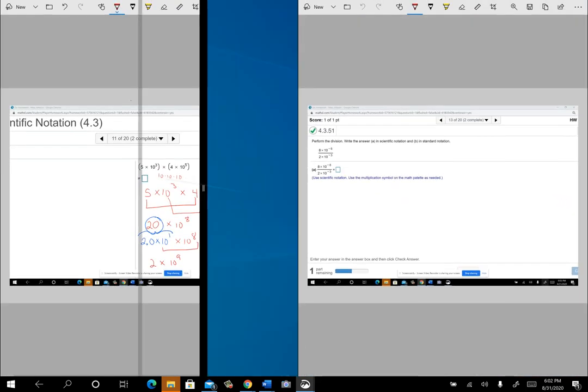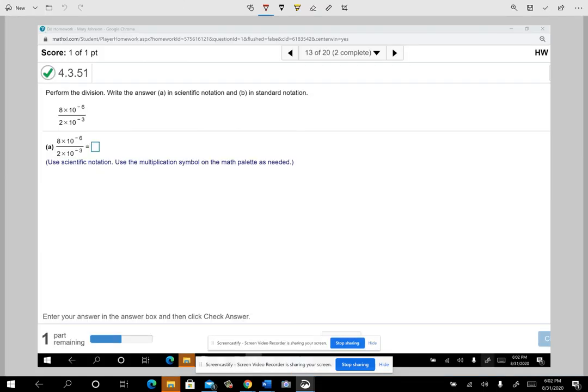All right, so when you're doing the division problems, when you want it in scientific notation and it's starting out that way, what you can do is just take this and cut it. So you deal with the number part and the power of 10 part. So you can do 8 divided by 2, and that's 4.